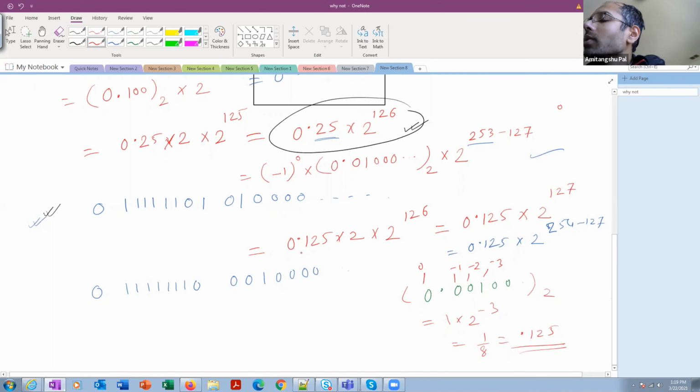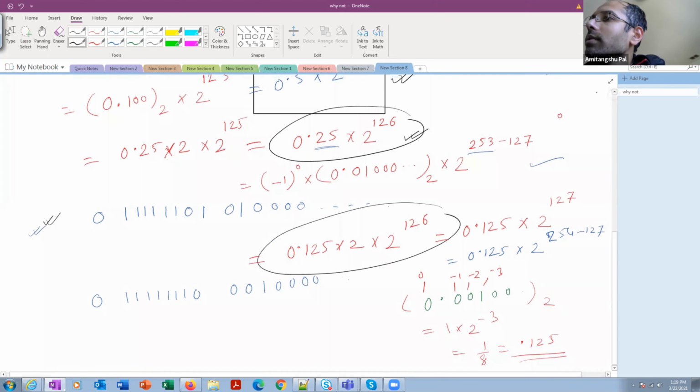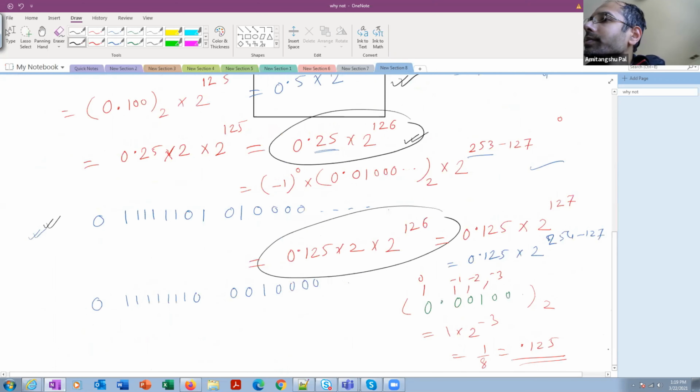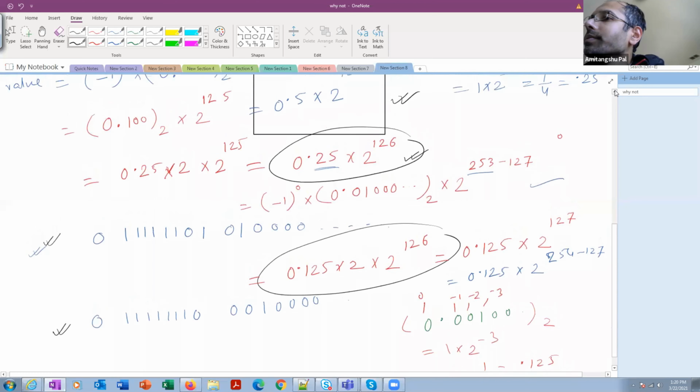Okay. So 0.125 can be represented in 0.001 all zeros format. So basically, this value is also same as this value, which is also same as this value. So all these three values are same, but I am getting three different representations.